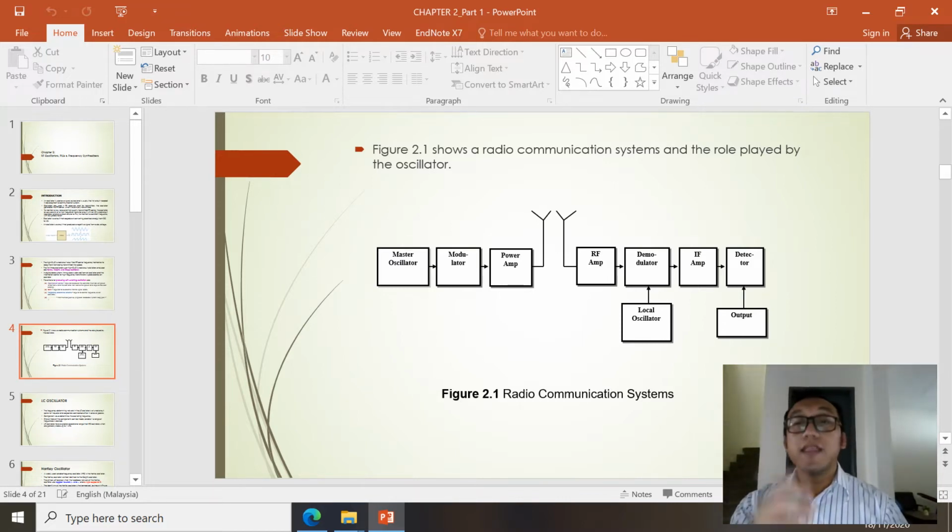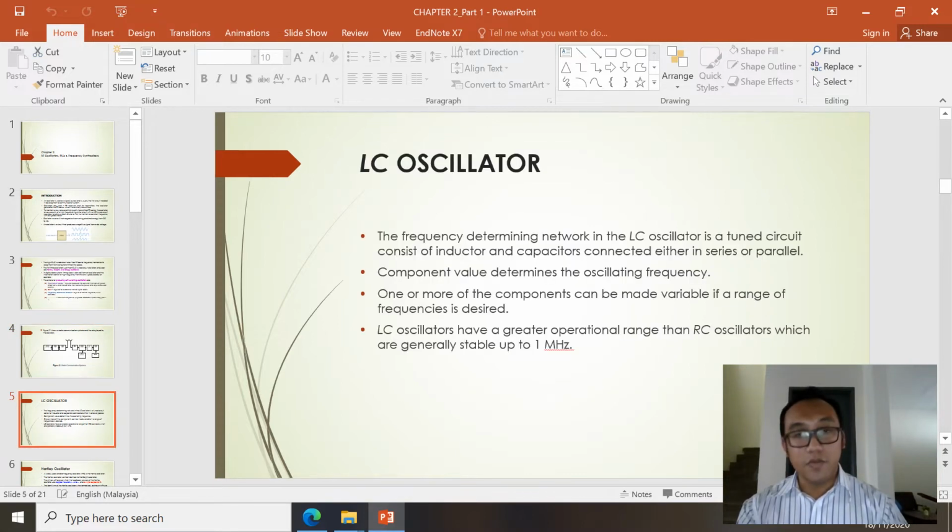Before the demodulator, we have to separate the carrier and the data. Okay, that is the demodulator. And then amplify again, and the detector, finally going to the computer or any output.